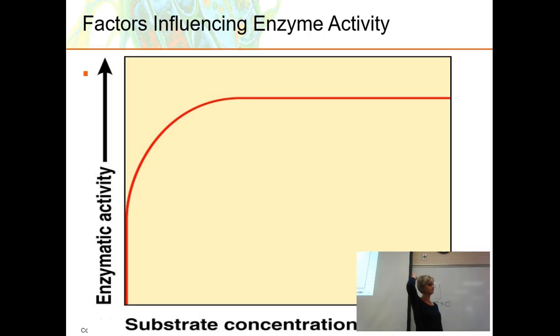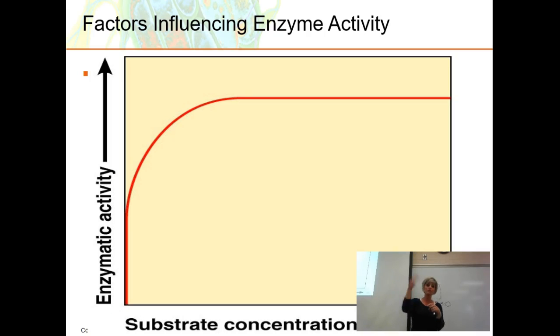Exactly. Because eventually, you're going to hit a point when if I freeze time, that enzyme is always bound to a substrate. It's always kicking out a product. That enzyme can only work so fast.